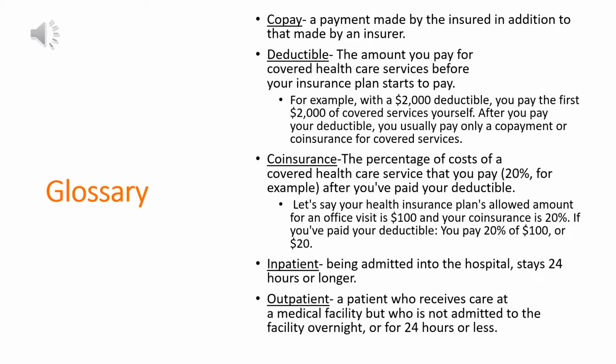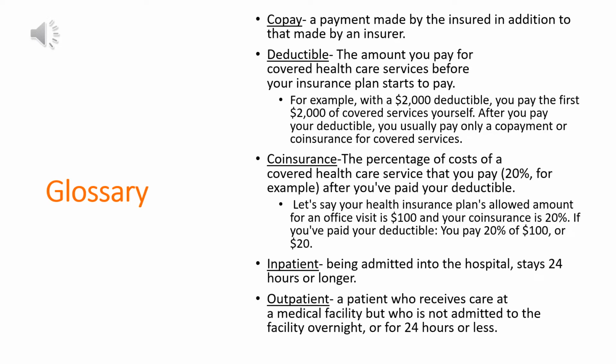For example, with a $2,000 deductible, you pay the first $2,000 worth of covered services yourself. After you pay your deductible, you usually pay only a copayment or coinsurance for covered services. Coinsurance. The percentage of costs of a covered healthcare service that you pay, 20% for example, after you've paid your deductible.